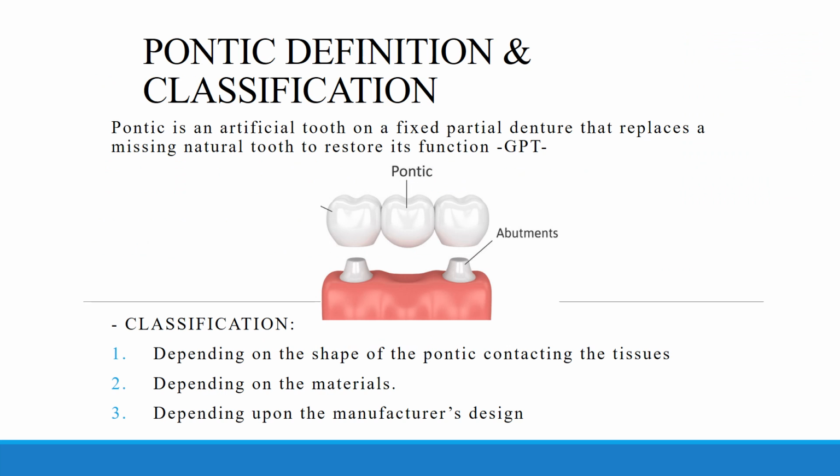Okay. Coming to pontics now. So, definition and classification. A pontic is an artificial tooth on a fixed partial denture that replaces a missing natural tooth to restore its function. So this is a pontic, this is an abutment, okay? The classification depends on the shape of the pontic contacting the tissue, the material, and the manufacturer's design.